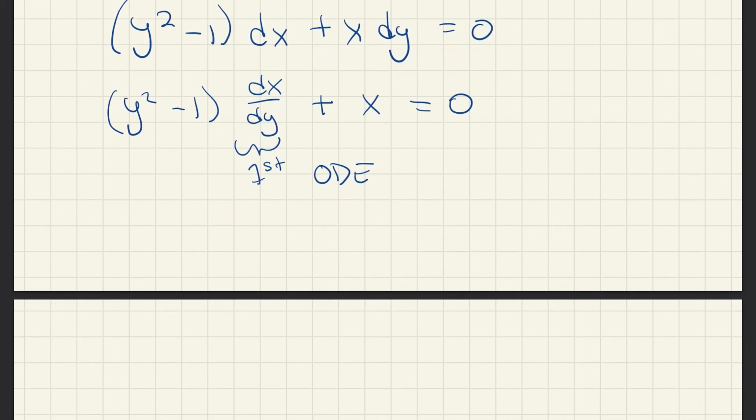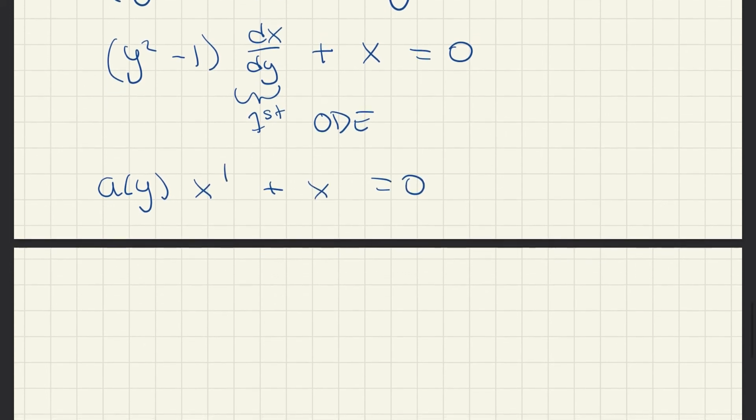Now I'm going to rewrite this equation as previously, and I'm going to have a of y, x prime plus x is equal to 0. Now we can see that each term is linear in x.